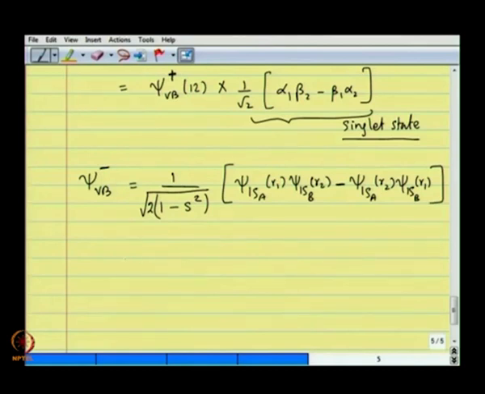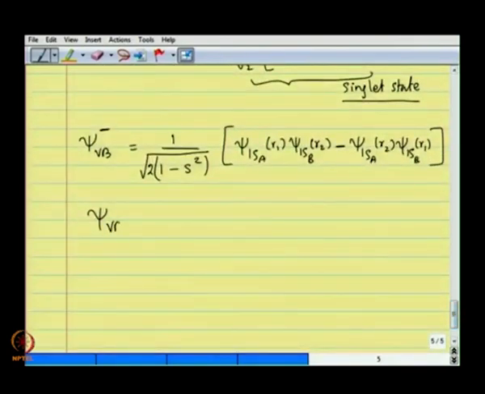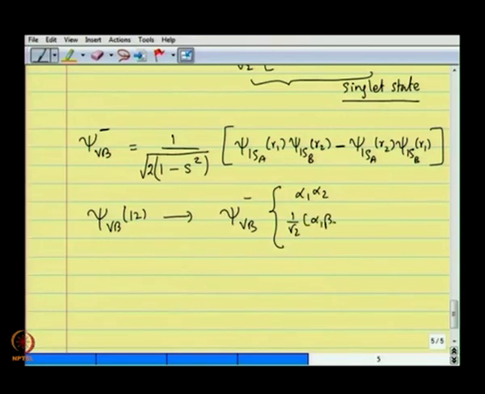If we do this, the spin part, the valence bond orbital of 1 2 should now be replaced by psi Vb minus times a symmetric part which is alpha 1 alpha 2 for the 2 spins, or 1 by root 2 alpha 1 beta 2 plus beta 1 alpha 2, or beta 1 beta 2.